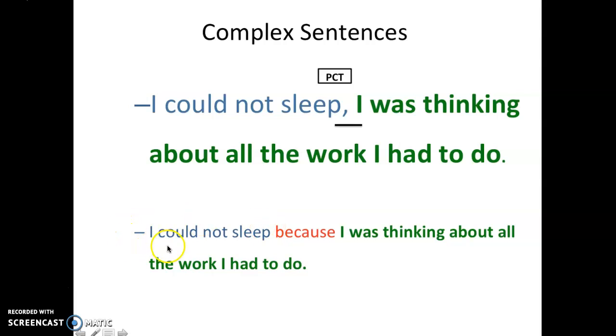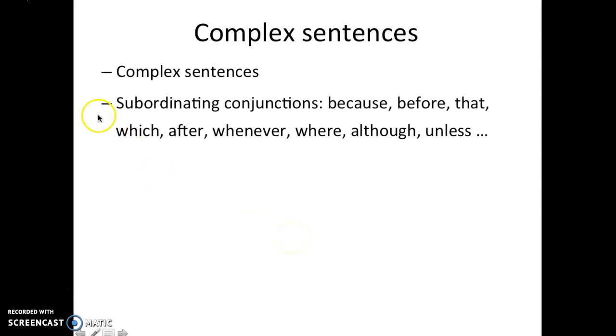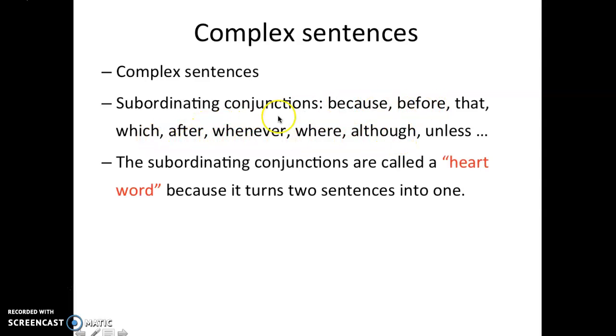I'm going to explain what I mean by this. "I could not sleep yesterday because I was thinking about all the work I had to do." Okay, so the "because" here is what we call a subordinating conjunction, and there are many of them: because, before, that, which, after, whenever, where, although, unless, etc. The subordinating conjunction is called a hard word because it turns two sentences into one.